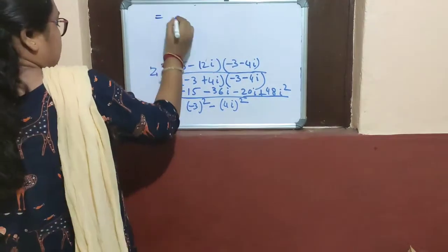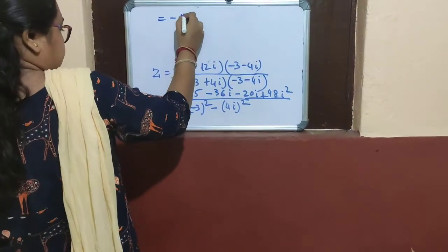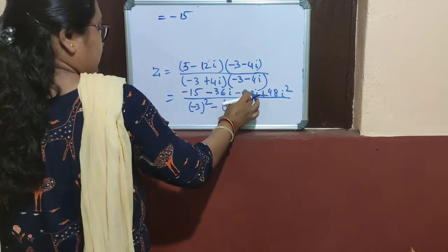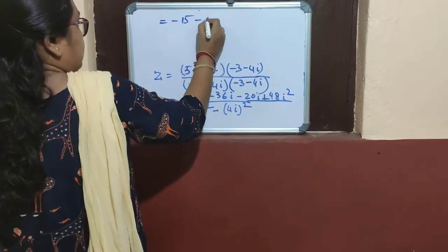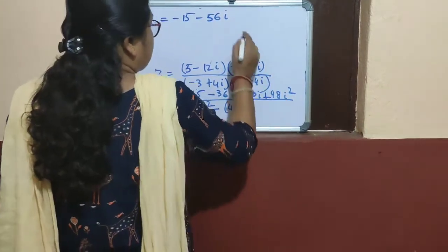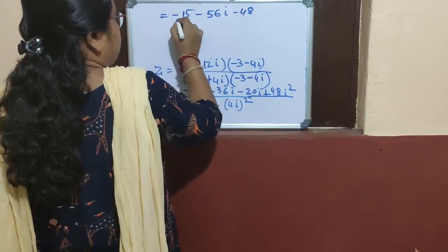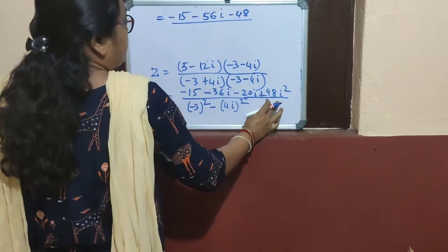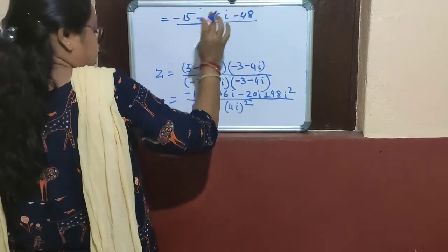Now this is equal to minus 15 minus 20i minus 36i. This is equal to minus 56i. And 48i square is equal to minus 48, because I already told you the value of i square is minus 1. That's why I put here minus.